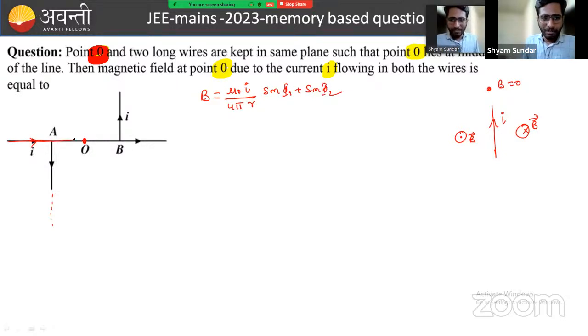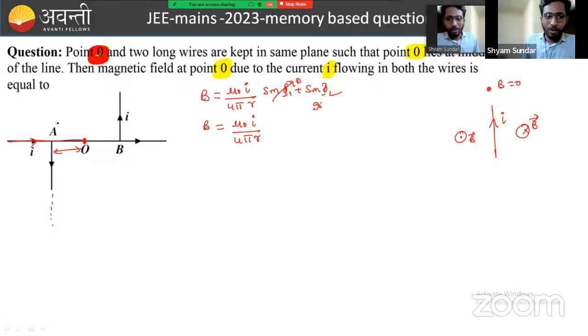One angle will be 0 along the line. The second angle, for infinity, becomes 90 degrees. Sine 90 is 1. Then B comes to mu naught I divided by 4 pi r. This is the distance r.